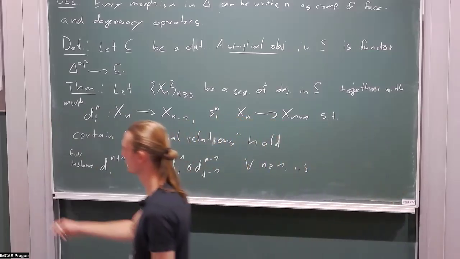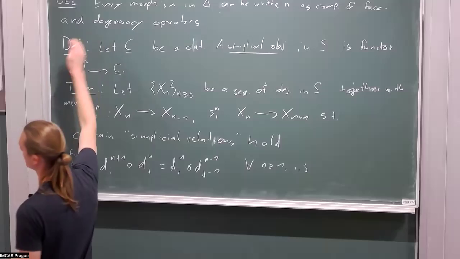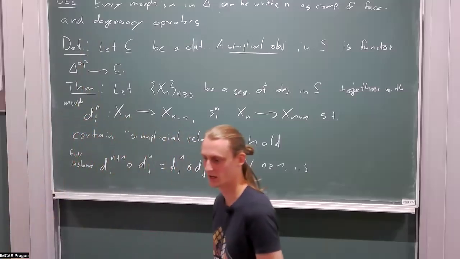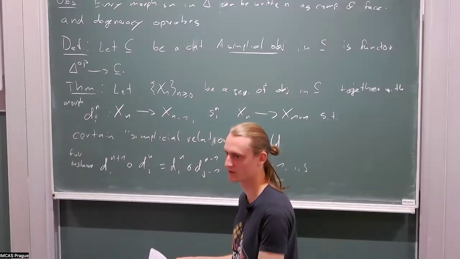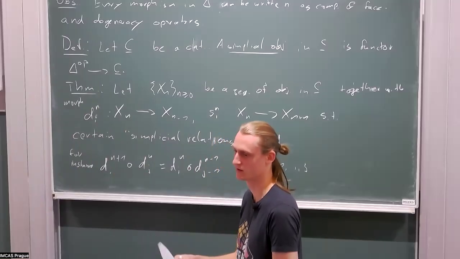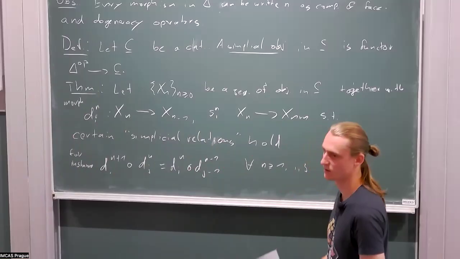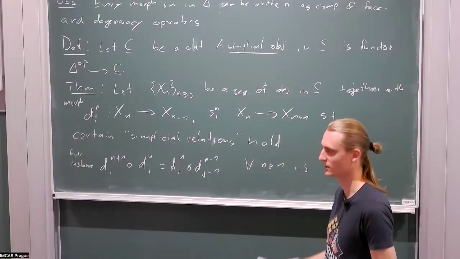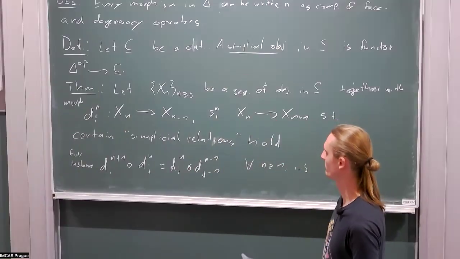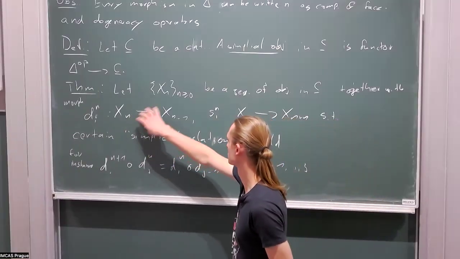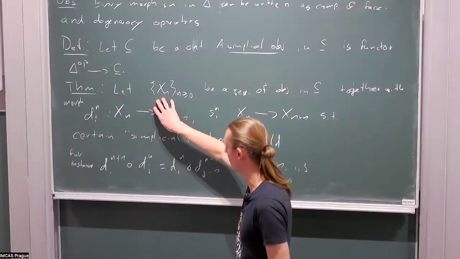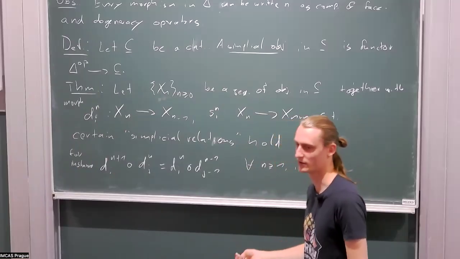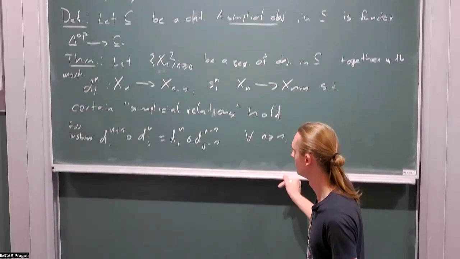So the point here is, by this observation, you can write any map as a composition of these face and degeneracy maps, and then you need to think hard about what kind of relations between them exist. But you can write down a complete set of relations, and then to define a functor, it's basically sufficient to have a sequence of such sets together with face and degeneracy operators that satisfy these relations.